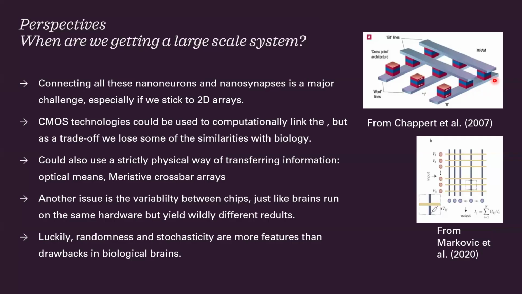But personally, I think that it's not so much a problem as a feature, because when we look at how the brain does its learning, we're all running on the same hardware, but we have widely different responses and answers, and it's kind of how the brain operates. So the fact that the physical systems we're modeling are stochastic is, in my opinion, not a big issue. For some people, it is.